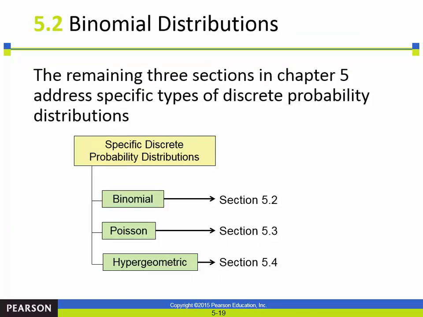All right, so the remaining 3 sections of the chapter, you can read it, I won't read it to you, but it's going to break down different types of discrete probability distributions. The first is called the binomial distribution. What would you guess about binomial distributions from their name? Yeah, there's only 2 numbers. There's only success or not success, right?